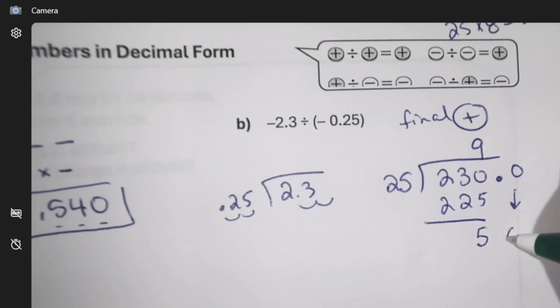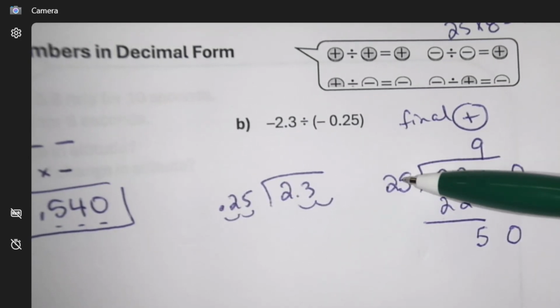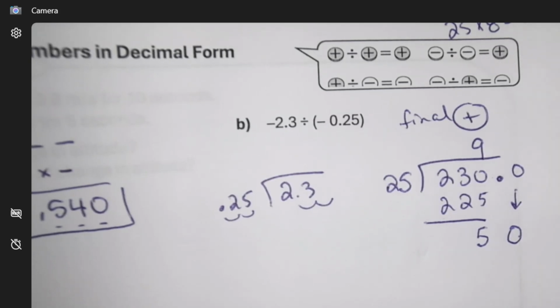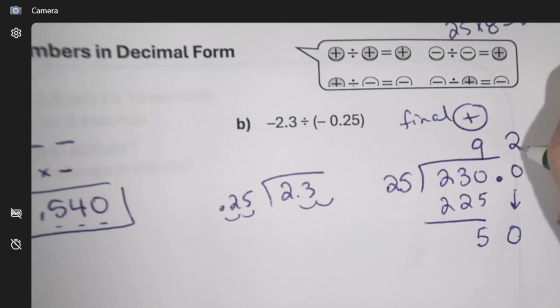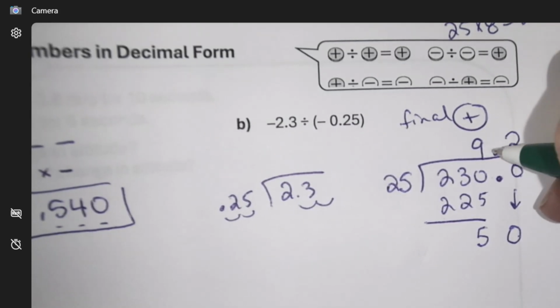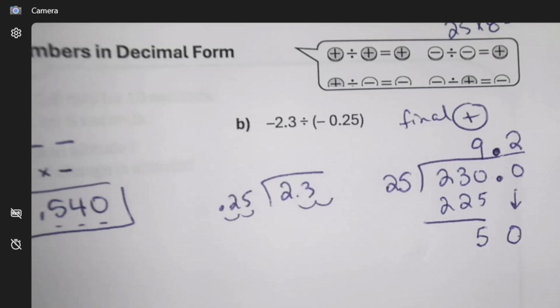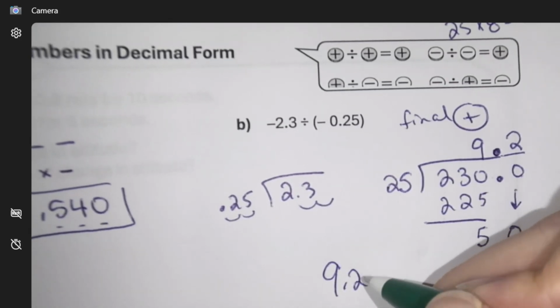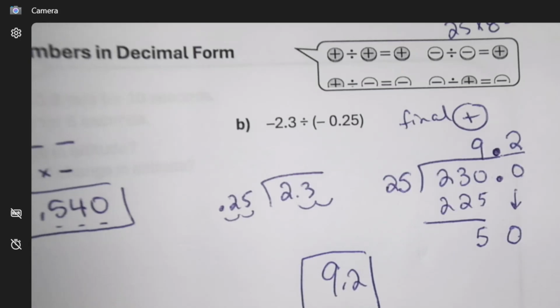So if I bring that down, 50. How many times can you fit 25 into 50? 2. But because you added this decimal, you need to add a decimal there, lining up that decimal that you threw in. Okay, and we decided our answer was going to be positive. So then we just leave it like that.